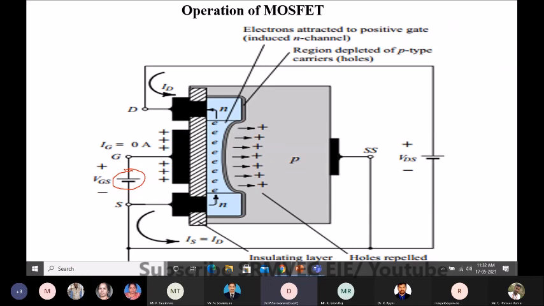If you provide a positive voltage, the current will keep increasing. In an N-channel MOSFET particularly, we need a positive gate voltage to make it on. Otherwise, a minimum voltage is required to make the channel available in the substrate. That minimum voltage is what we call the threshold.